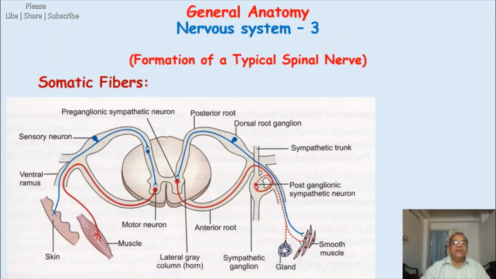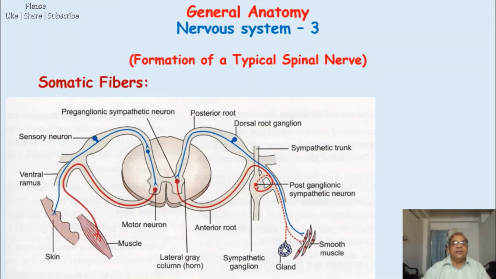There are hundreds to thousands of motor neurons present at one spinal segment. They send their axonal process through the ventral root, and then it goes either into the dorsal ramus or into the ventral ramus.